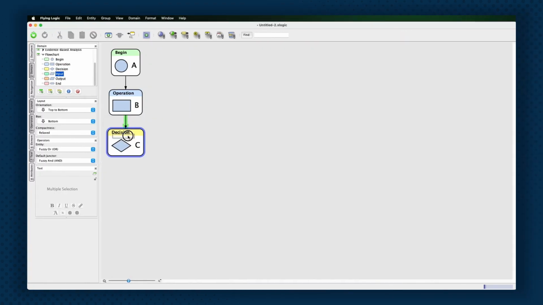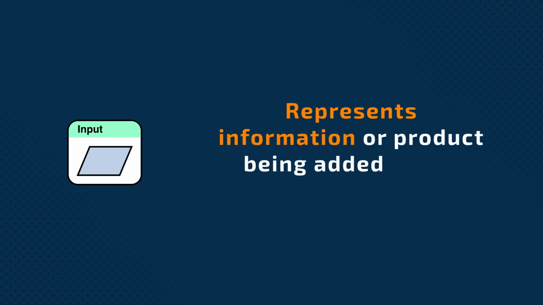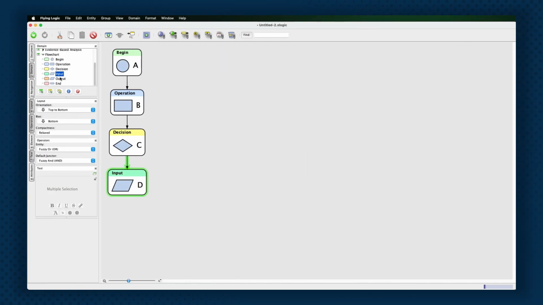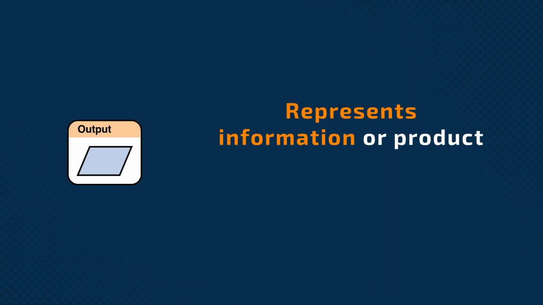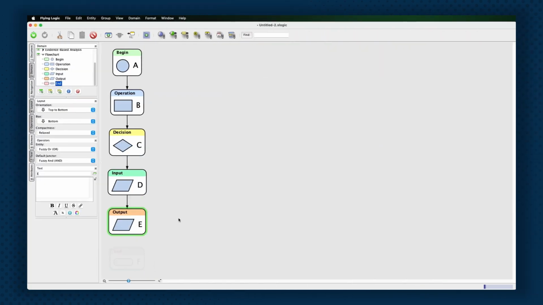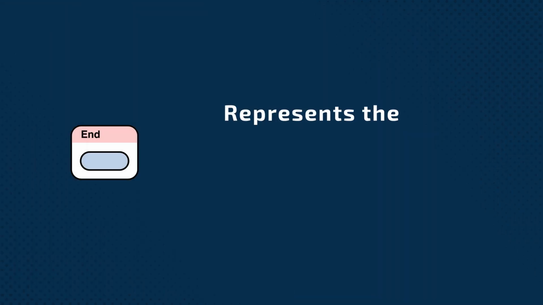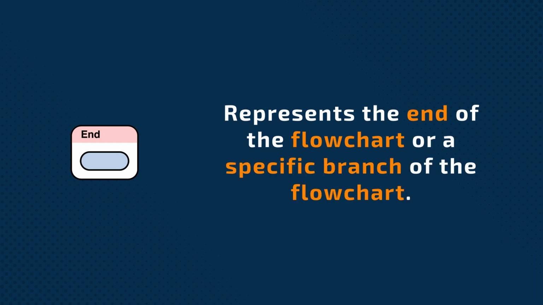Input entity represents information or product being added to the process. Output entity represents information or product that is outputted by the process. End entity represents the end of the flowchart or a specific branch of the flowchart.